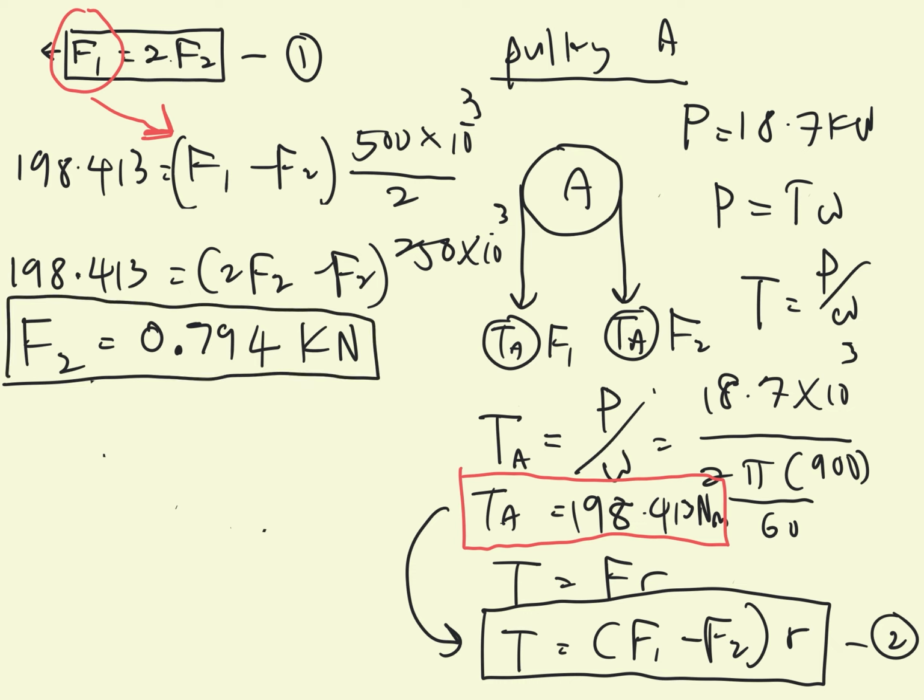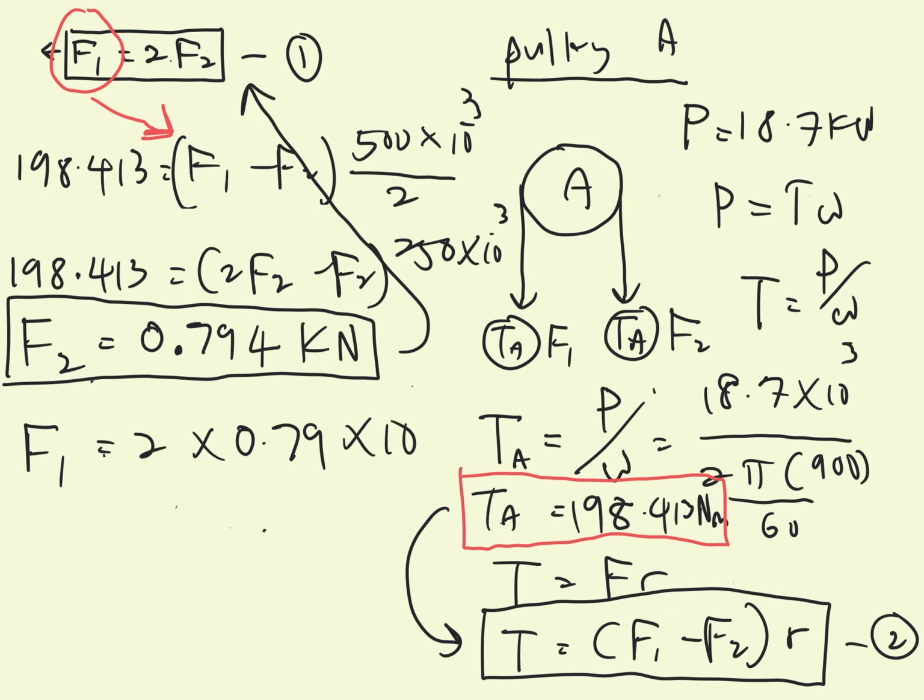Okay, and then this value of F2 here we put back into equation number 1. So you will get the value of F1, which is the tight side, is 2 times 0.79 kilonewton, so F1 will become 1.588 kilonewton.